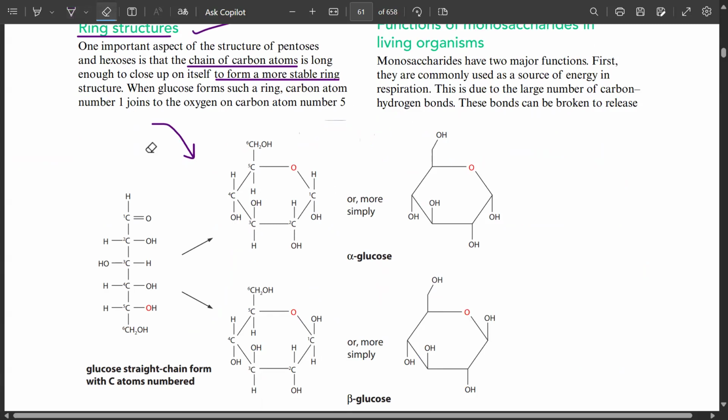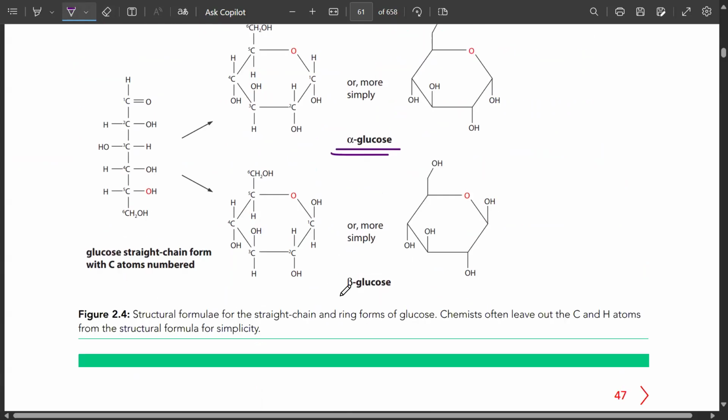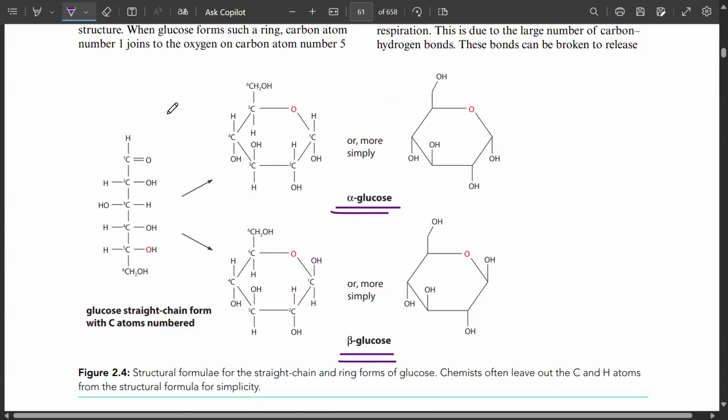Now glucose has 2 types. One of them is known as alpha glucose and the other one is known as beta glucose. Can you see any difference between alpha glucose and beta glucose structure? Tell me. Look very carefully.